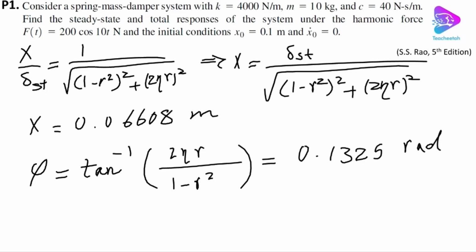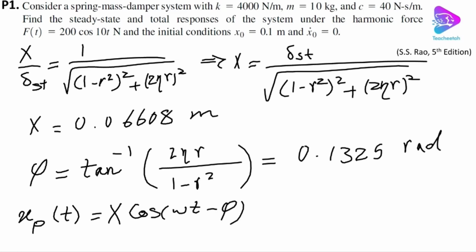So we know everything. We have phi and capital X, so we can find the particular response, which is also our steady state response, as X cos omega t minus phi. So as you see, the frequency of the steady state is equal to the frequency of the force.